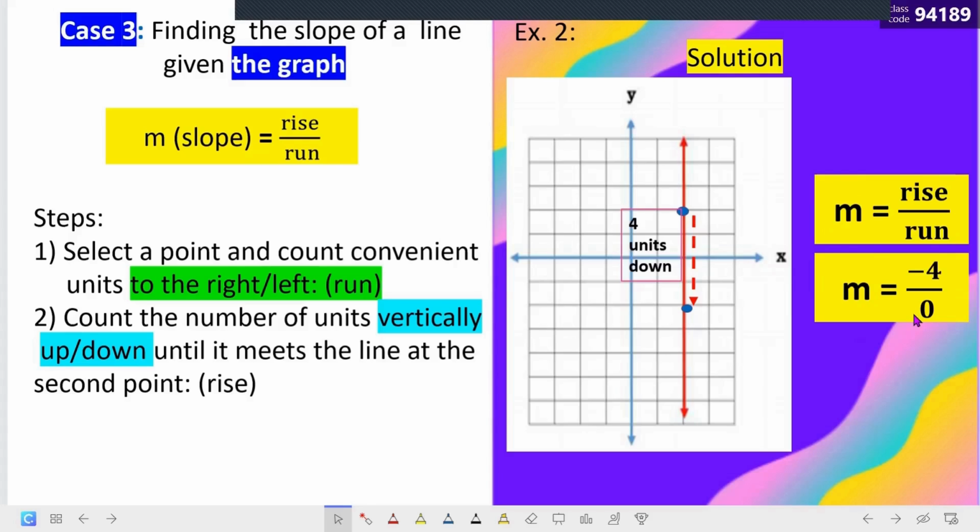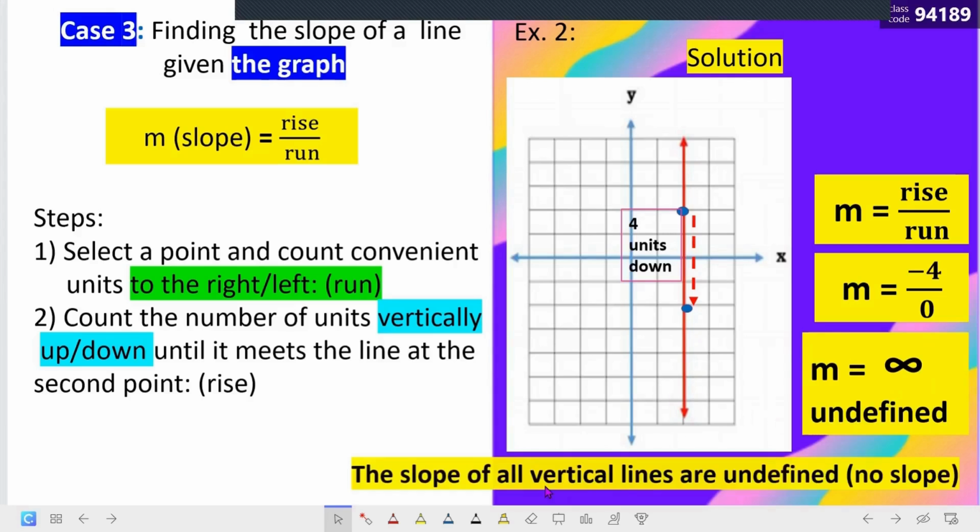And if we are dividing by 0, ano yung sagot natin? Yes, undefined ang sagot natin dyan. So whenever a line is vertical or parallel to the y-axis, the slope of all vertical lines is undefined. Wala tayong ma-solve na slope niyan. Take note of that. Kahit saang position, basta vertical yung line natin, ang slope niya ay undefined. Okay?